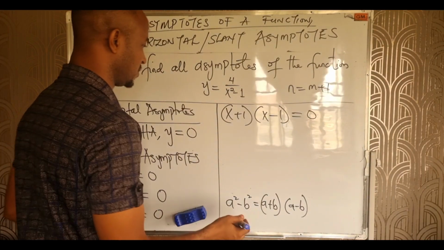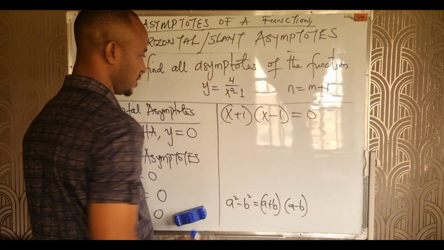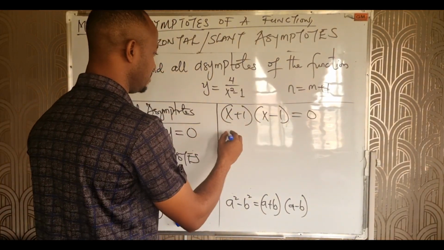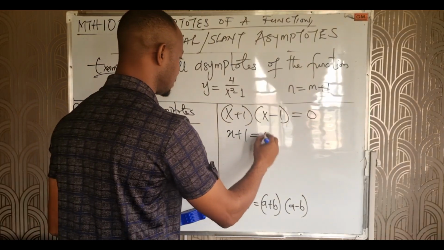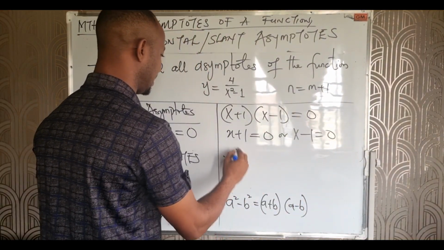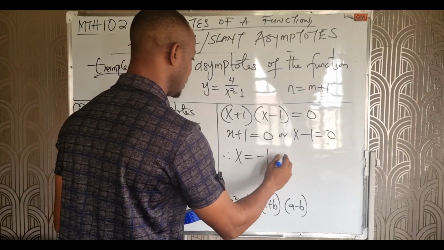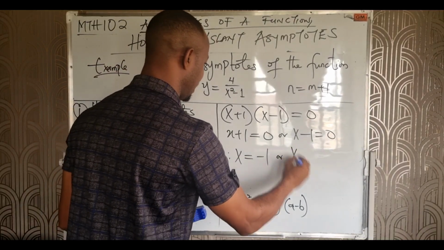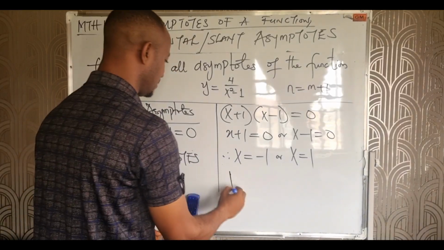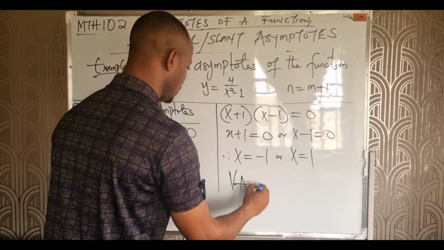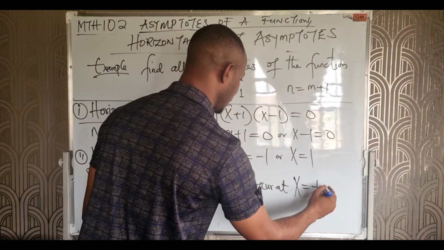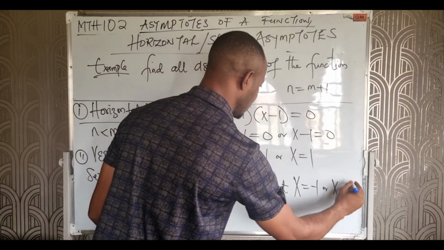So let's continue with this. Now, this simply means s plus 1 equals 0 or s minus 1 equals 0. Therefore, s equals minus 1 or s equals 1. So that means our vertical asymptote occurs at s equals minus 1 or s equals 1.